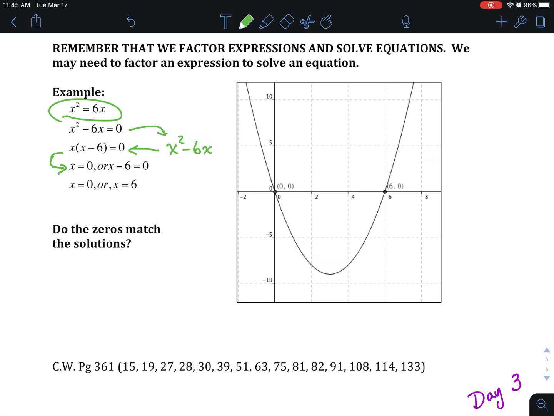So in this picture, we have x equals 0, x equals 6. Using the zero product property, we can just confirm what we see graphically, where x is equal to 0 and x is equal to 6. So do the zeros match the solutions? Yes. This is just an algebraic way to find the zeros, just like you did graphically.